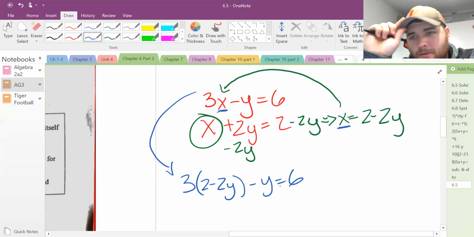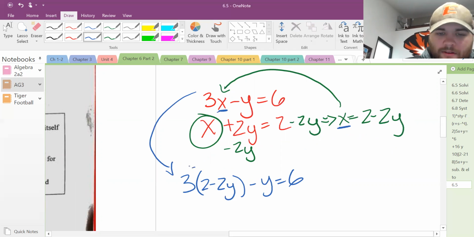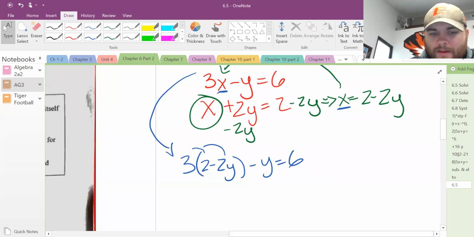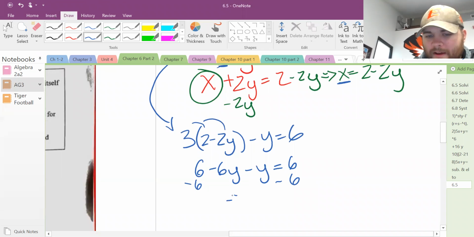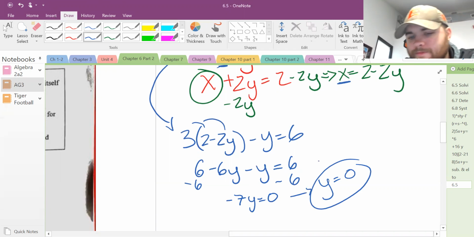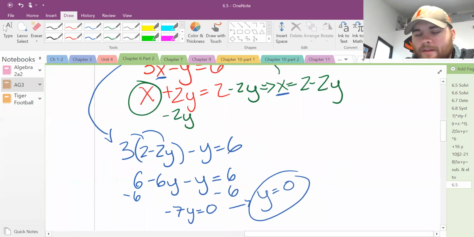Now we want to simplify and solve for y. So I got to distribute the 3 through. We get 6 minus 6y minus y equals 6. Subtract 6, subtract 6. Uh-oh, I'm going to get 0. Negative 7y equals 0. y is going to equal 0, because 0 divided by anything is going to be 0.